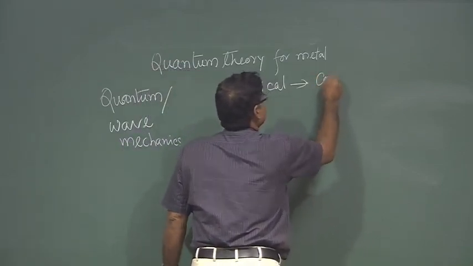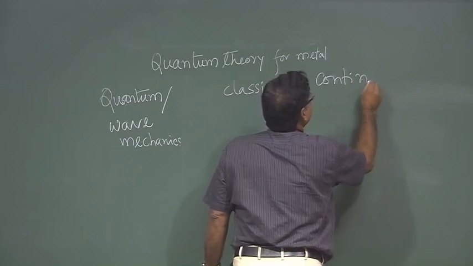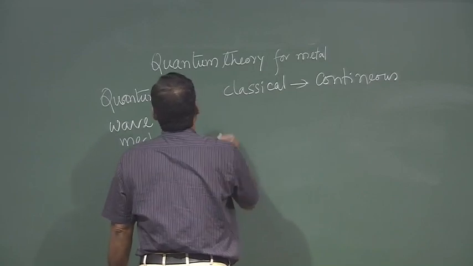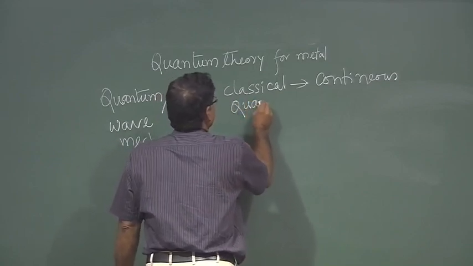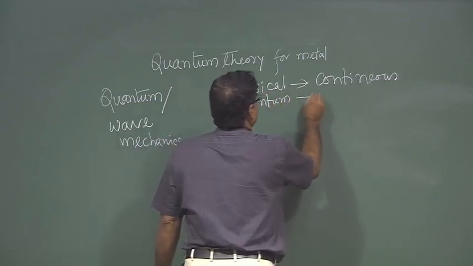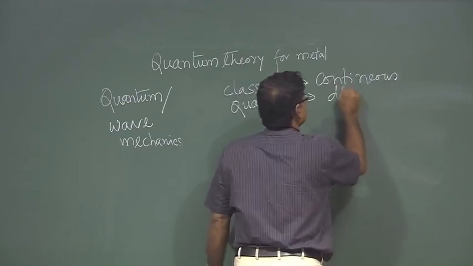So, continuum, continuous, and quantum mechanics is basically discrete.